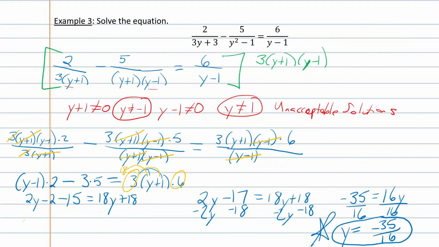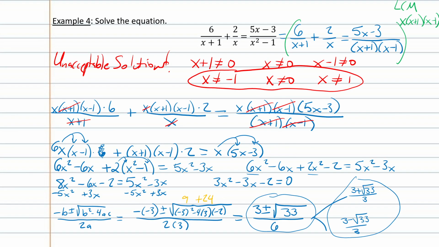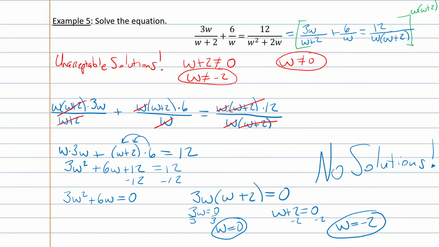So, if we're looking at the different cases that we could possibly have here, we could have scenarios where we have a single solution, multiple solutions, or even no solutions.